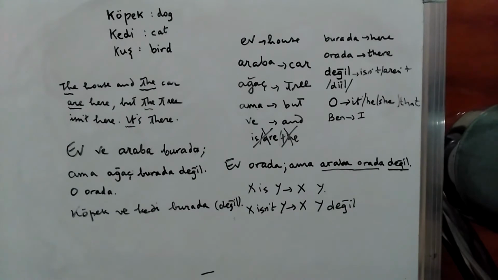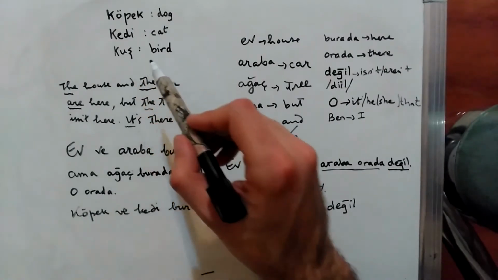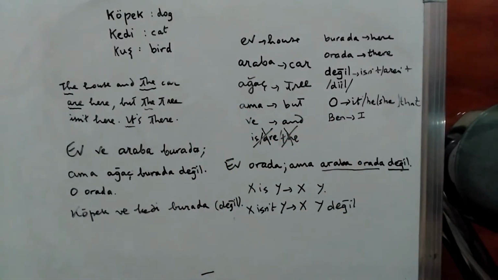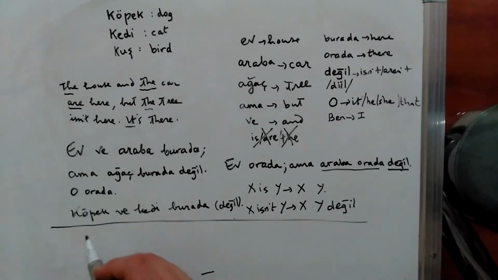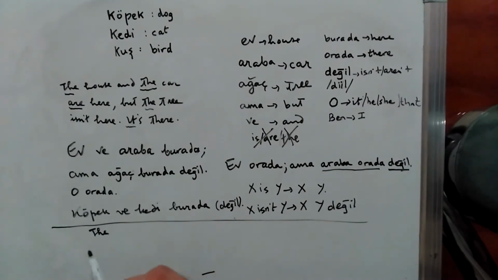So yeah, let's say the cat and the bird are there, but the dog isn't here. Or sorry, isn't there. That would make more sense. So the cat and the bird are there, but the dog isn't there. It's here. Okay? Let me write the English one so that we don't confuse.